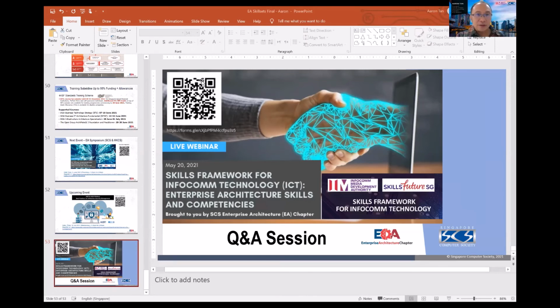Okay, there's a question, I think, for Benjamin. How often does this framework get updated? Hi. So for the skills framework, it used to be updated every 1 to 2 years. But recently, in line with SSG, which is driving the development of the skills frameworks, they have taken a more dynamic approach to refreshing it.